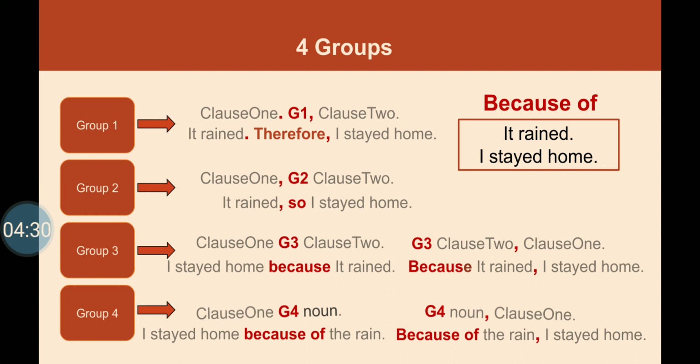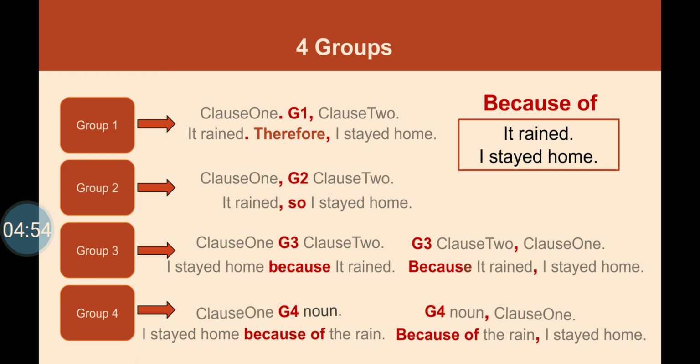But in group number 2, after the connecting word, which is here G2, you don't put a comma. And group 3 and group 4 are similar because both of them have two structures. You can put the connecting word in the middle between the two clauses, or you can start with the connective word, as in the right structure.